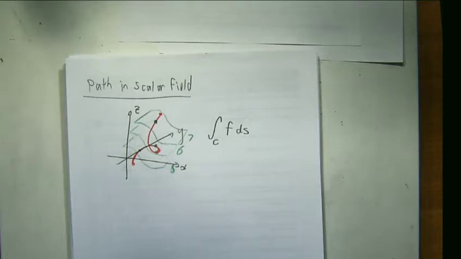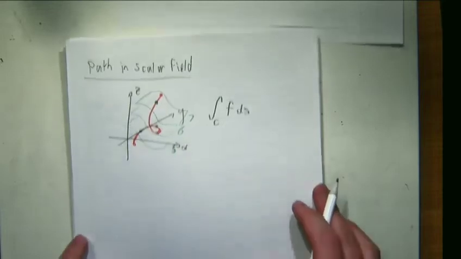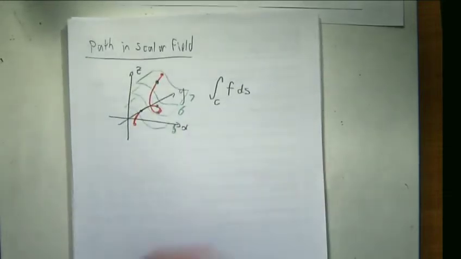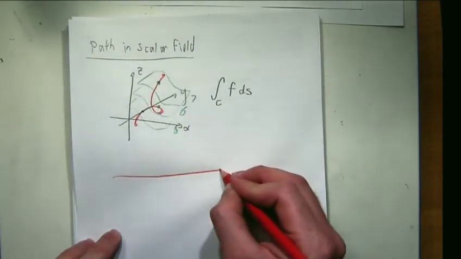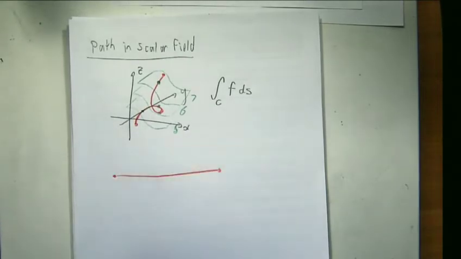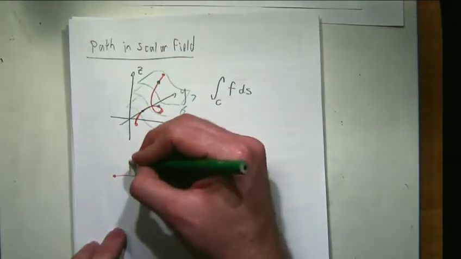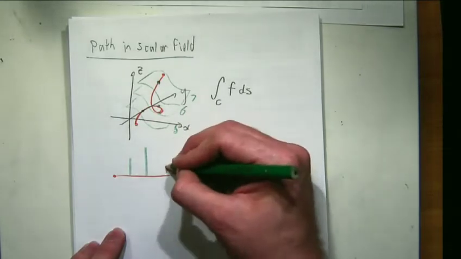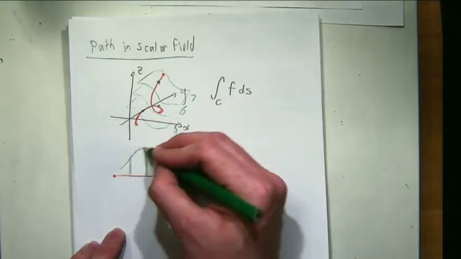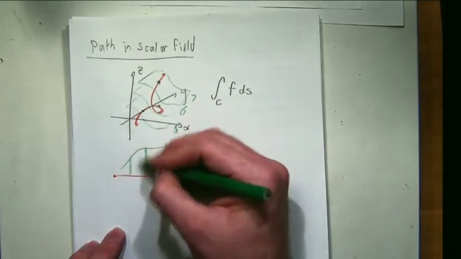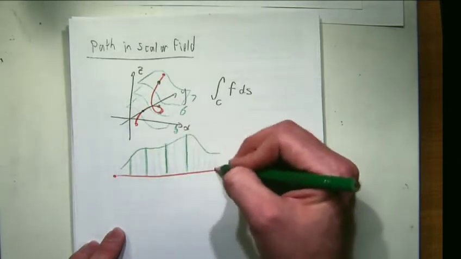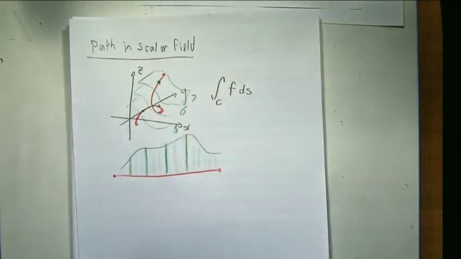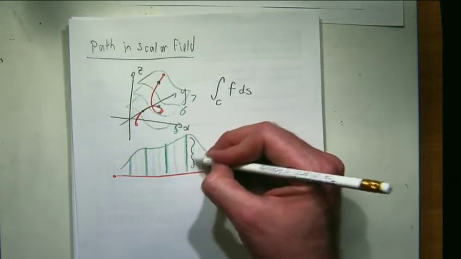So the picture is that I've flattened out my curve. And at some point it's 5, and at some point it's 6, and then it's 6 again, and then it's 7, and I can draw the heights representing the value of the scalar field. So this height here is the f.